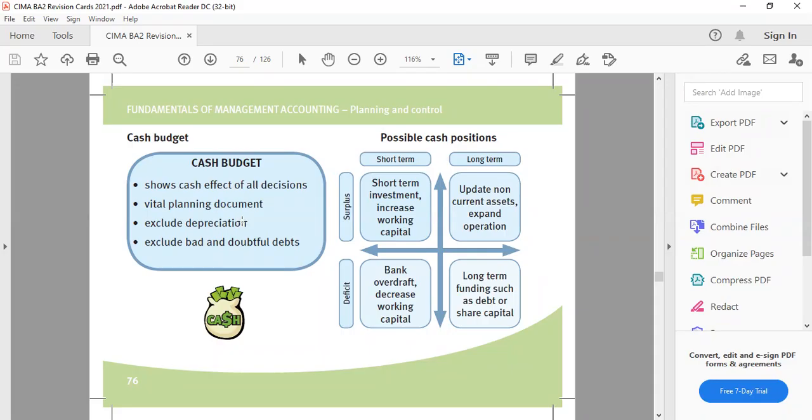After that, there is an image which is given about the explanation of what is the possible cash position. So we see a short term, then a long term, a surplus scenario and a deficit. When do we have surplus?